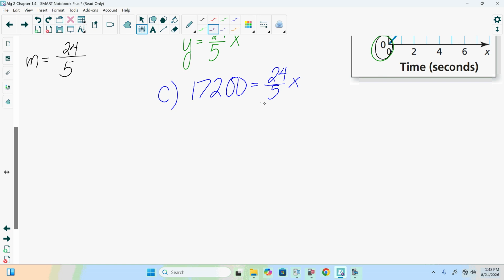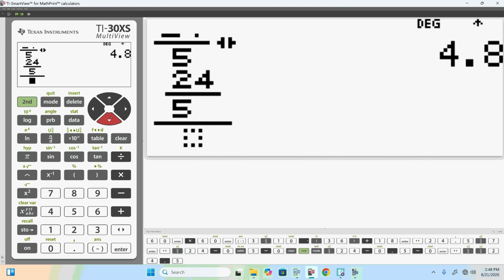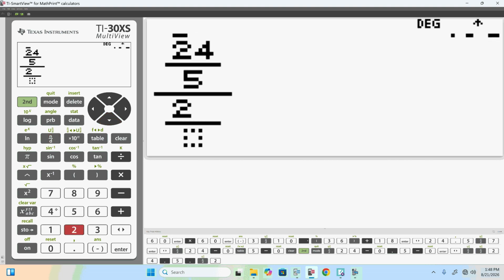Multiplied. So to undo multiplication, we divide both sides by 24/5. 24/5 divided by 24/5. Anything divided by itself is 1.